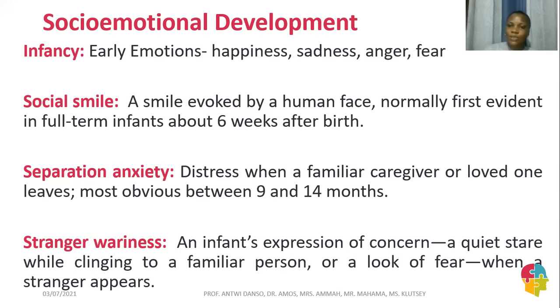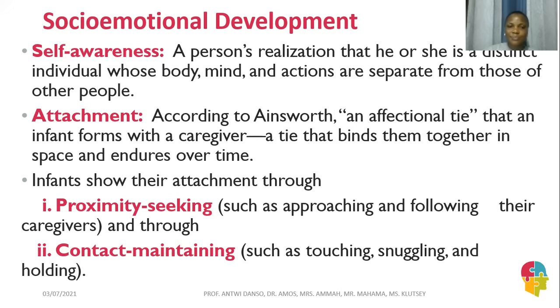So whilst they are holding on to their loved ones like their mother or their father, they stare at those who are strangers, who they are not so much familiar with. That is why when you see a child again after a long time, it's like the child doesn't know you. The child is staring at you, and that is what we refer to as stranger wariness.